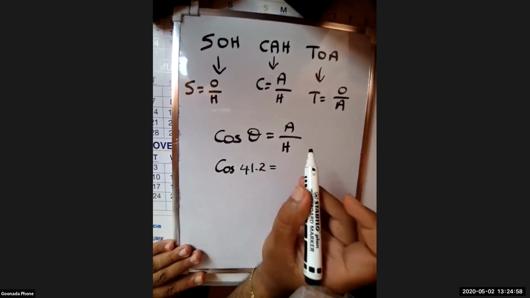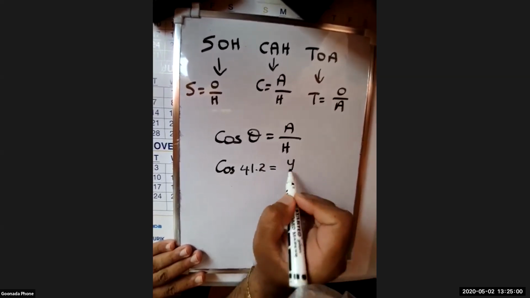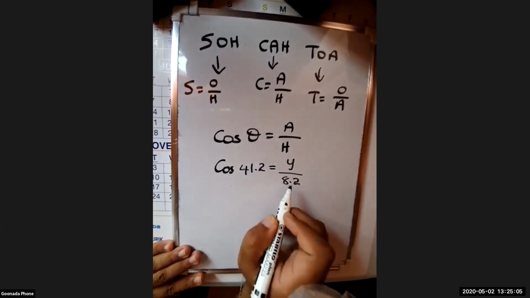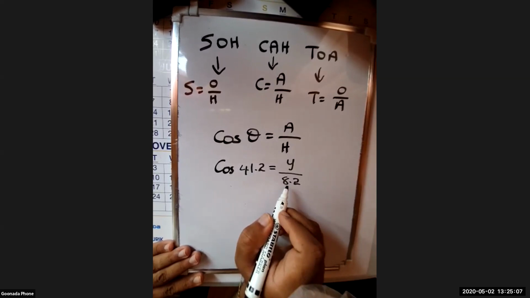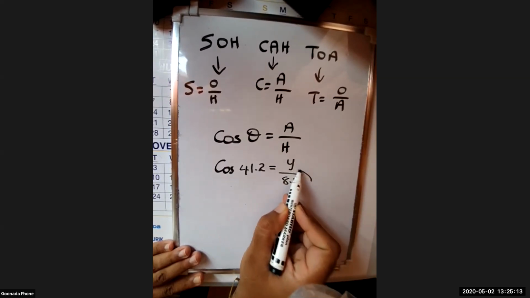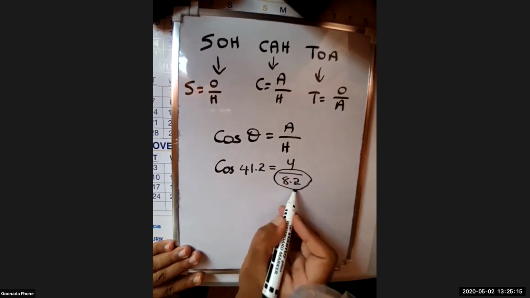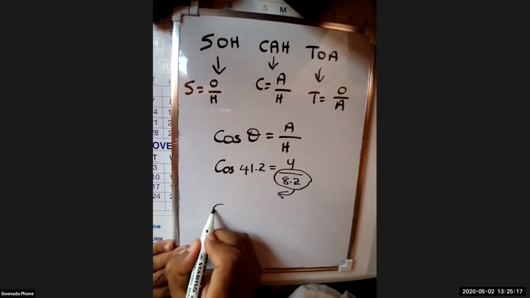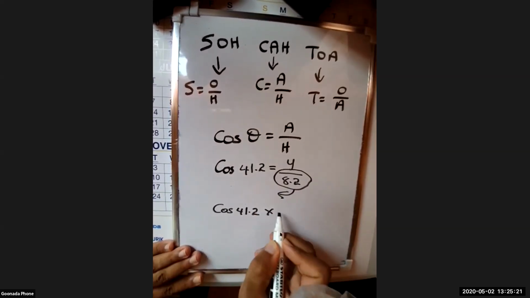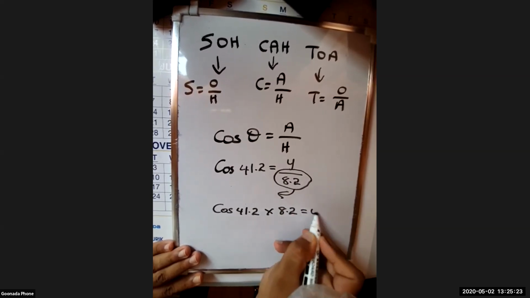In this case, the adjacent they give us is y, over the hypotenuse, which is 8.2. Everybody good? Now, if we want to find y, we have to make y the subject of the formula. So we're just taking this, which is division, and it goes across. We get cos 41.2 multiplied by 8.2 is equal to y.